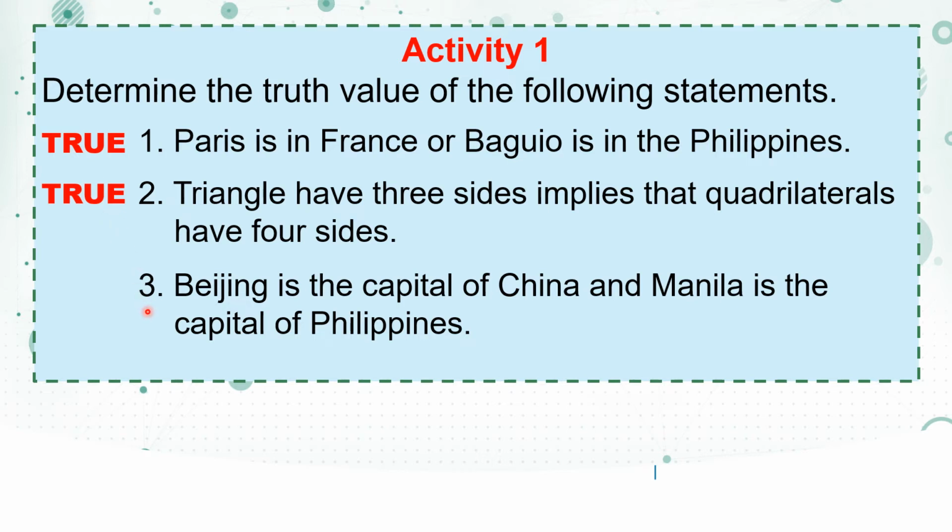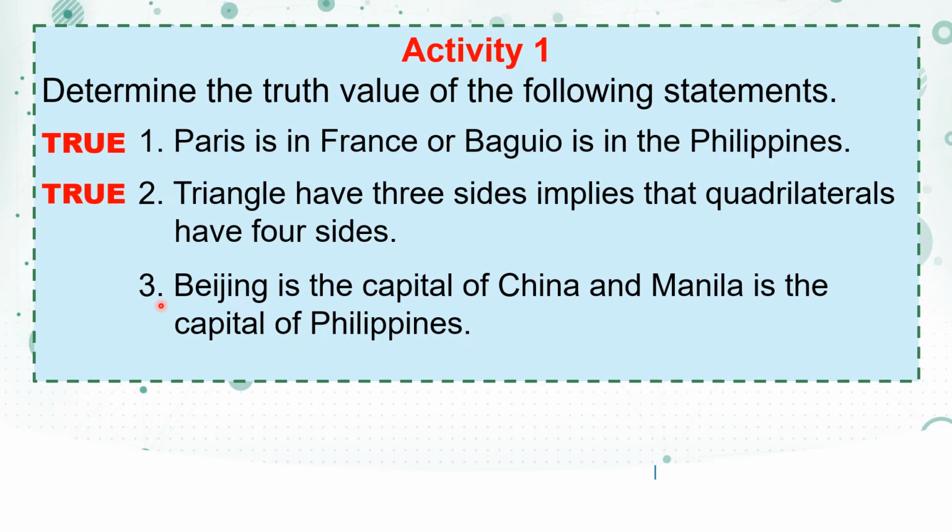Number 3. Beijing is the capital of China and Manila is the capital of Philippines. The logical connector used is and. Therefore, this is a conjunction. At yung conjunction, sinasabi niya, the conjunction can only be true if each proposition is true.